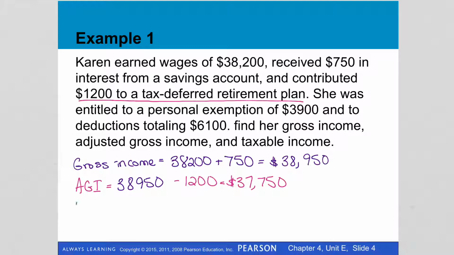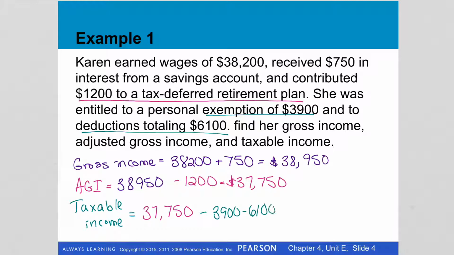And then last, taxable income is the $37,750, and we subtract off exemptions and deductions, leaving her with a taxable income of $27,350. So that's all that Karen is going to get taxed on.